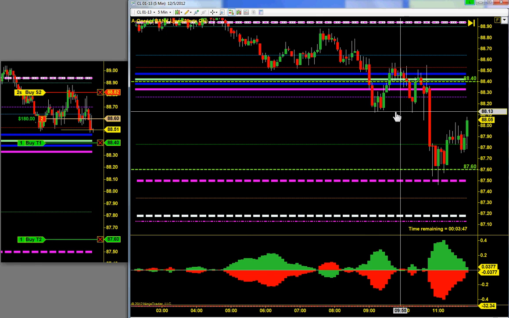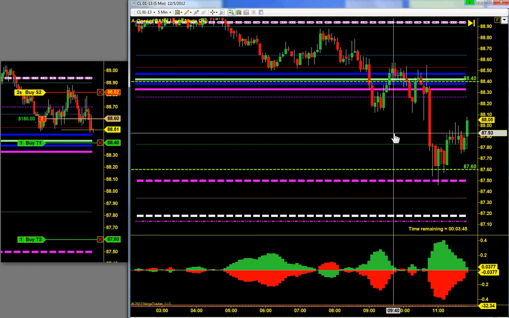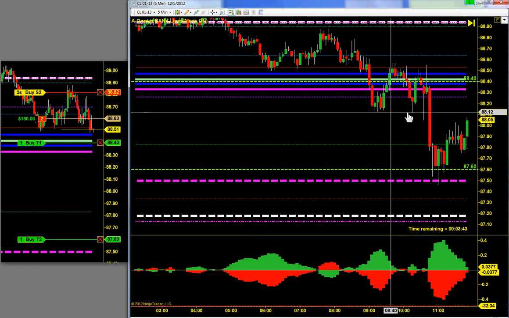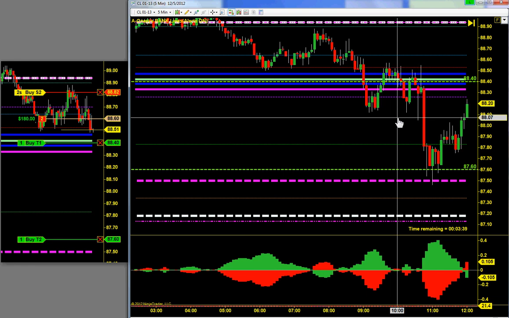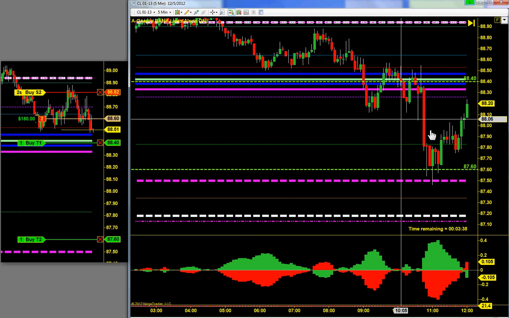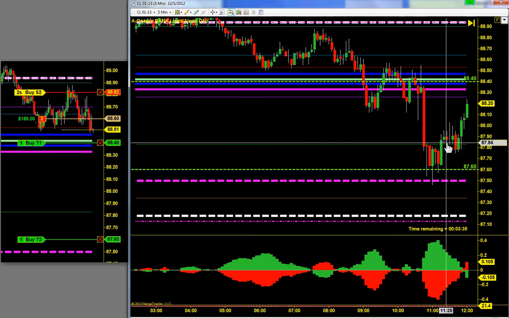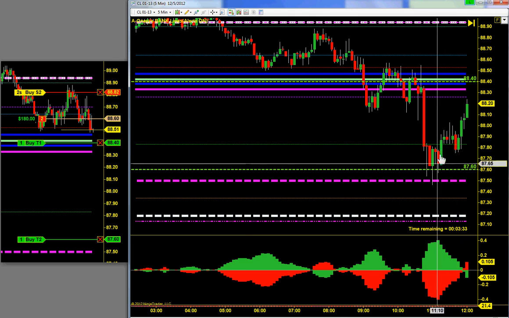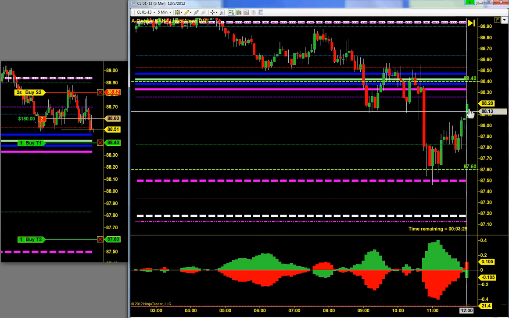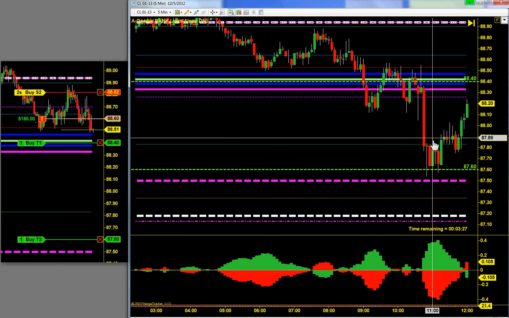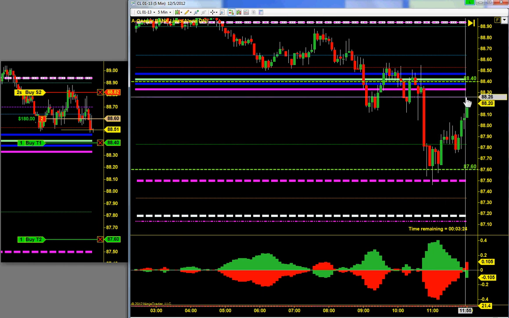There's another trade, and there was another trade for conservative people, that this is declined and entries here up to here or here. That's a little bit of scalping. Touch the magenta one and a little bit is declined.